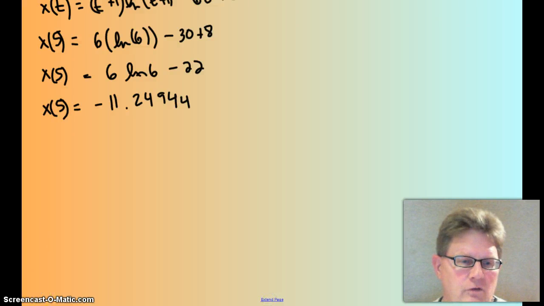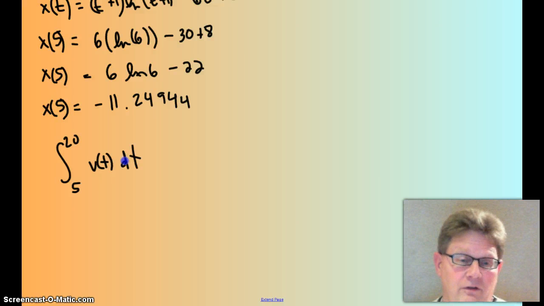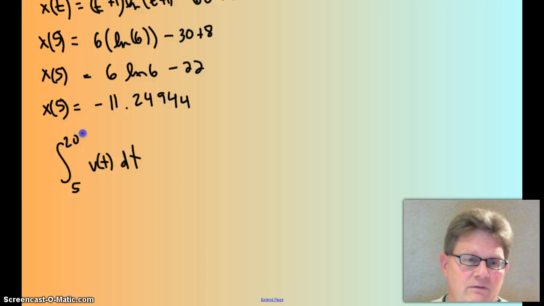To find the displacement, we are going to take the integral from 5 to 200 of v of t dt. That will find you how much the position has shifted. So go ahead and put the velocity function into your calculator and find out how much the position has shifted. When you figure that out, put your answer down.